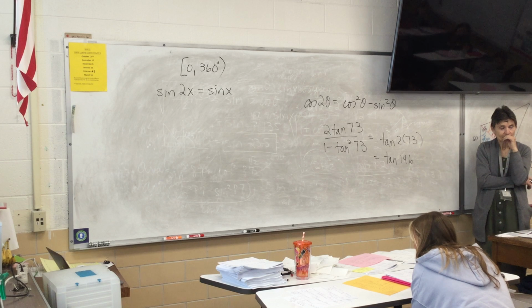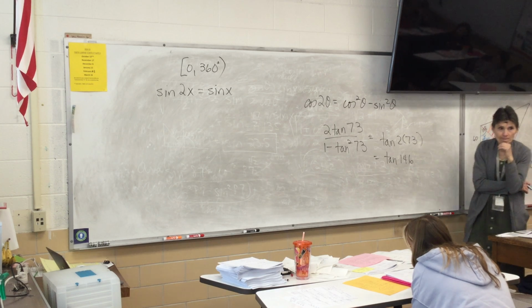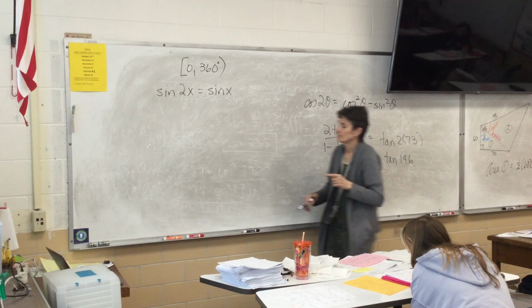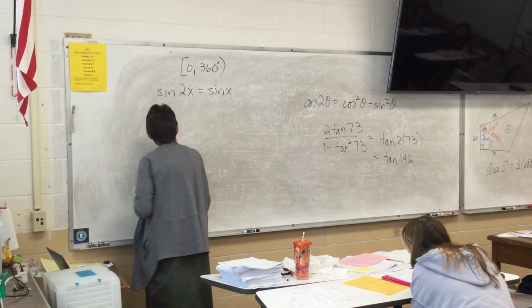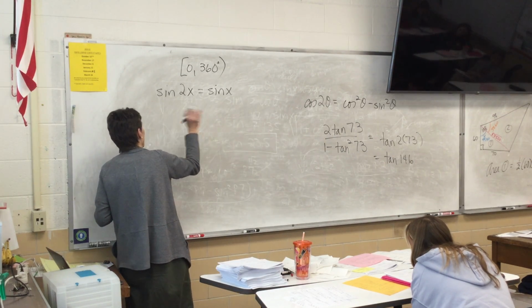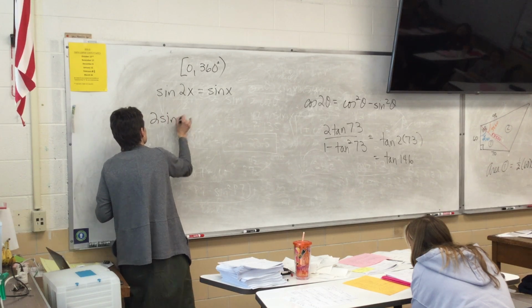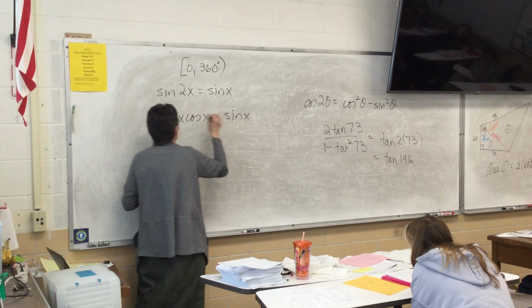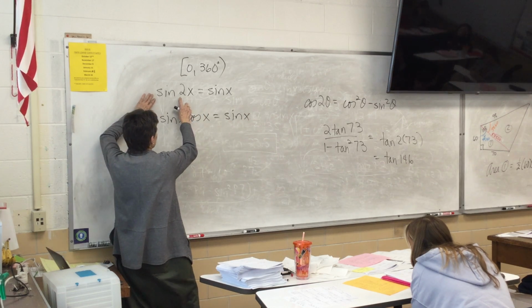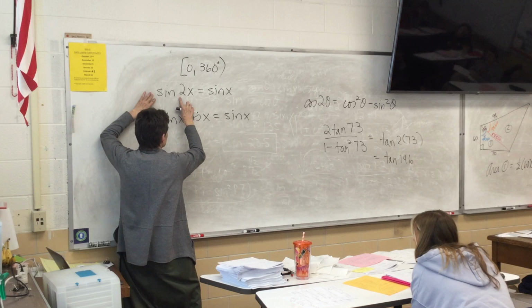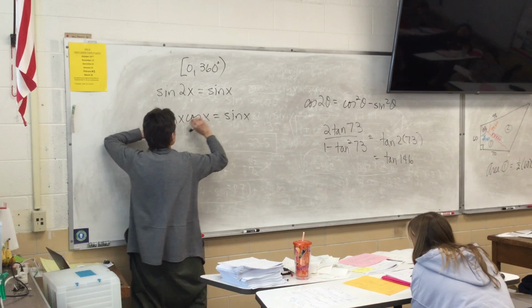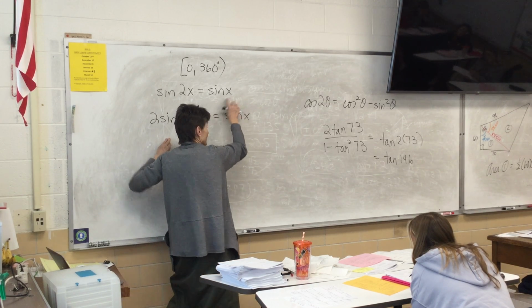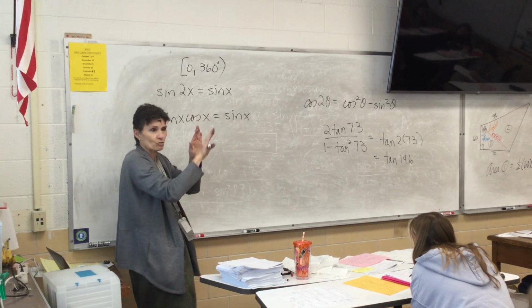So, there's something for like the sine 2x and 2 sine theta cosine theta. Stop right there. She is right on target, folks. She looked at this problem and she said, Mrs. Ford, one side of the equation has the angle 2x, and the other side has the angle plain x. That is trouble.